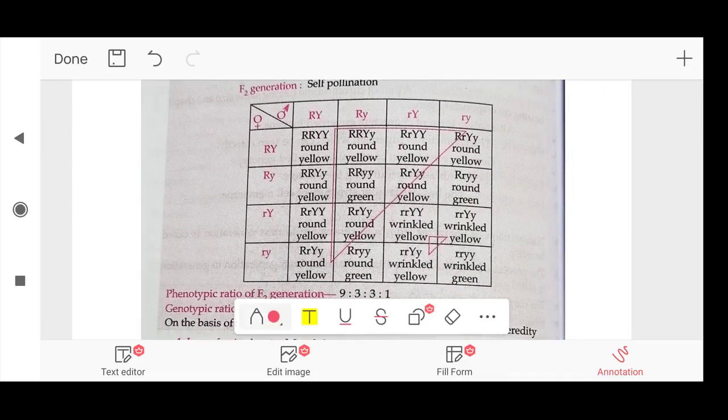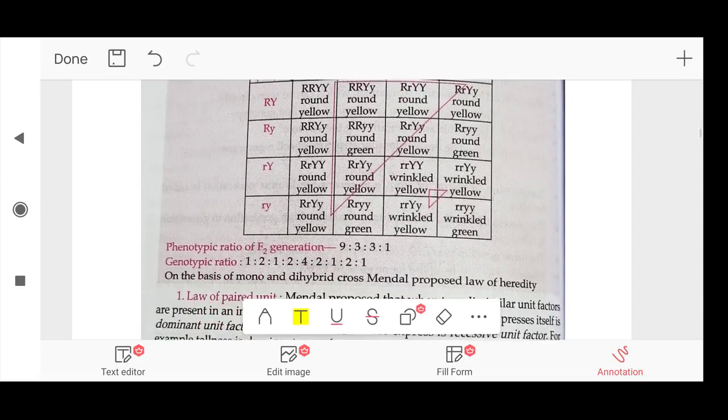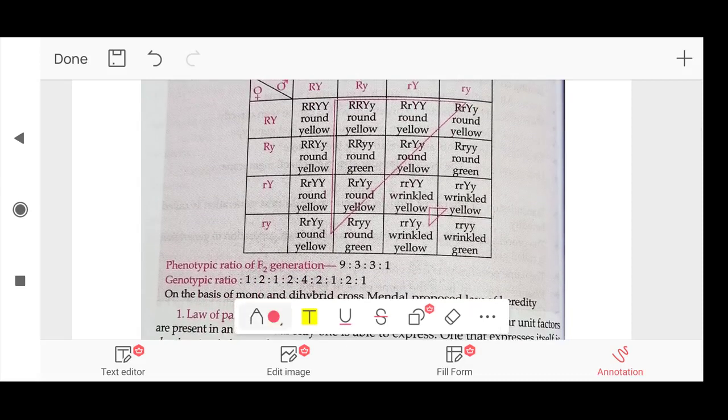First he got 9 round and yellow plants, 3 round and green plants, 3 wrinkled yellow plants, and only 1 wrinkled green plant. So you can see that the phenotypic ratio of the F2 generation is 9:3:3:1.